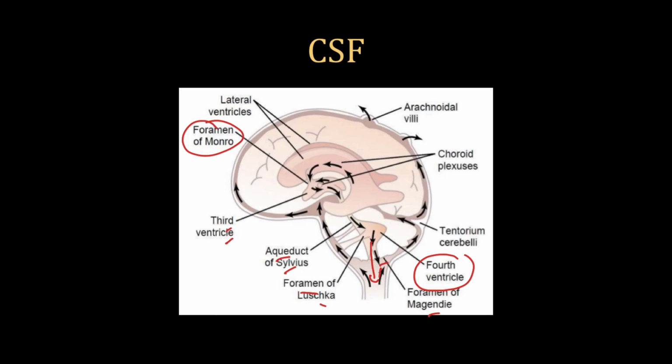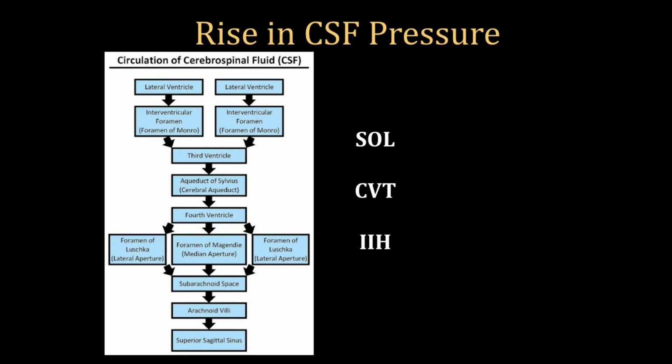From the subarachnoid space, it seeps around the spinal cord and the brain, and finally exits by absorption through the arachnoid villi into the venous sinuses. So this is the basic circulation of CSF.